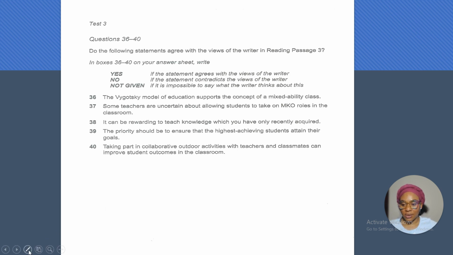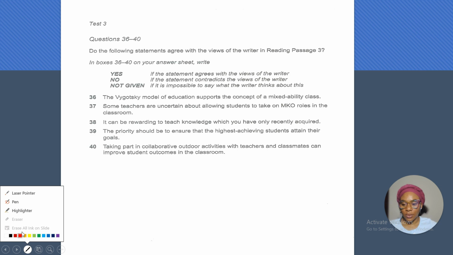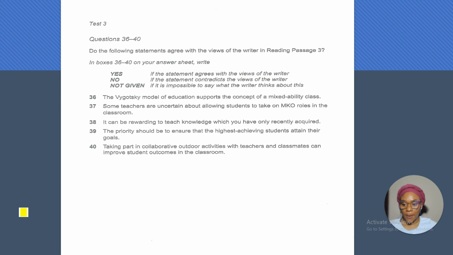Number 36. All right? Let's try to take note of keywords. The Vygotsky, pardon my pronunciation, the Vygotsky model. So first of all, keywords.